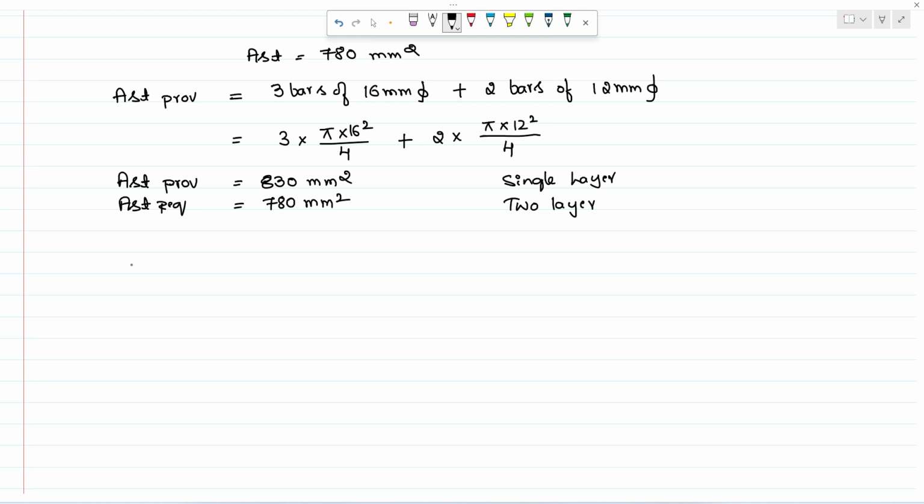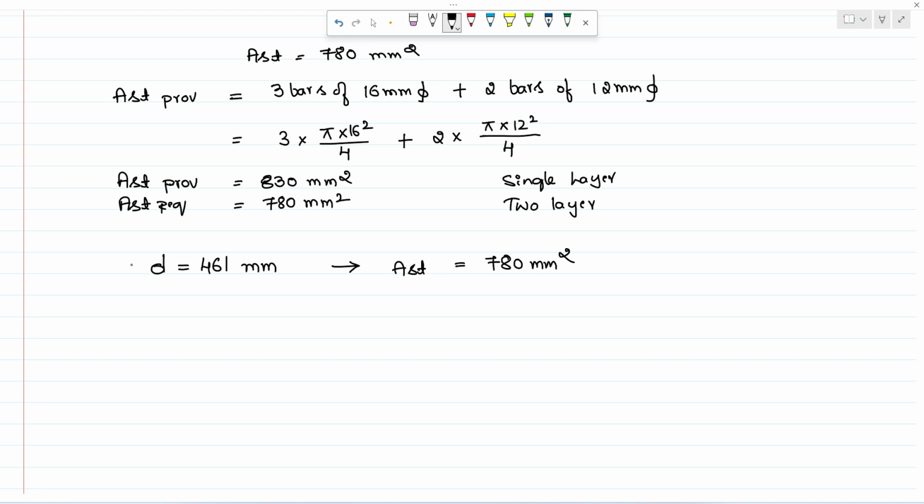While providing single layer of reinforcement, your effective depth will be 461 millimeter. For 461 you need a steel of 780 mm square, but you decided to provide reinforcement in two layers.